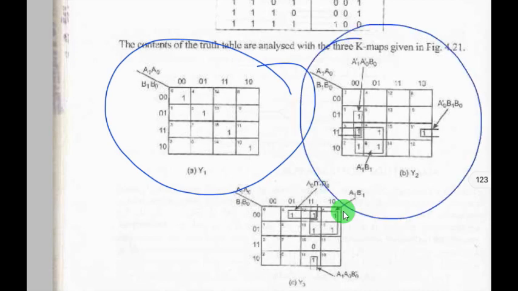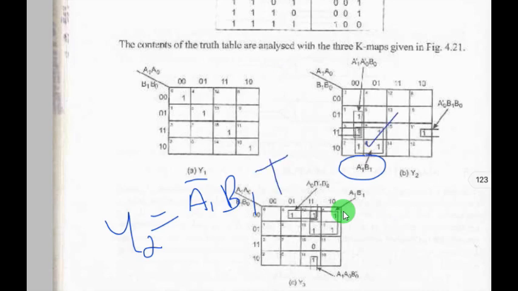But in the second Karnaugh map, there are some possible groupings. Once you group, you notice that you get A1 bar, B1, etc. So from those ones, you can say that Y1 is equal to, okay, I don't want to do Y1, I want to do Y2. From this, we can see that Y2 is equal to this group, A1 bar B1, or, so we have done with that group, or which other group?